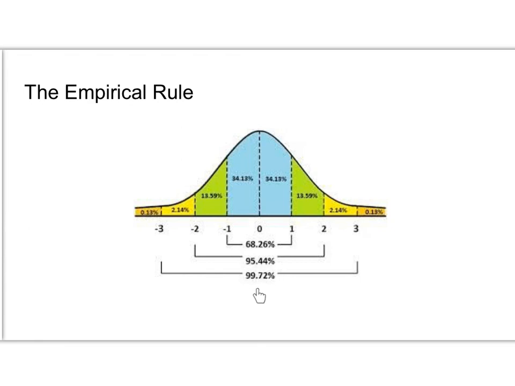How many percent are within 3 standard deviations? Then we have 99.72%. Of course, if you are considering just half of the graph, then you have to take half of these percentages. For example, in the blue graph, the whole thing is 68.26%, so on the right is half of 68.26, which is 34.13%, and on the left is also 34.13%.